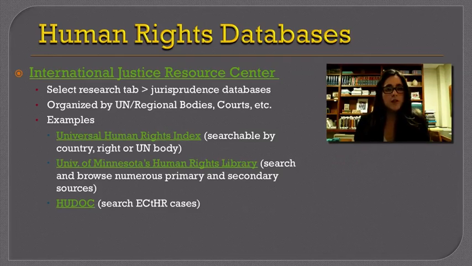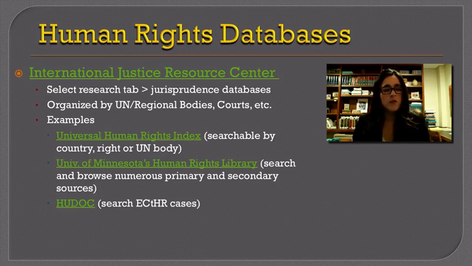There are a number of human rights databases. I unfortunately can't cover them all, but the International Justice Resource Center does an excellent job of providing one place with many of these databases, and I have pulled a few out that I think are particularly useful. The Universal Human Rights Index, which is searchable by country, right, or UN body.